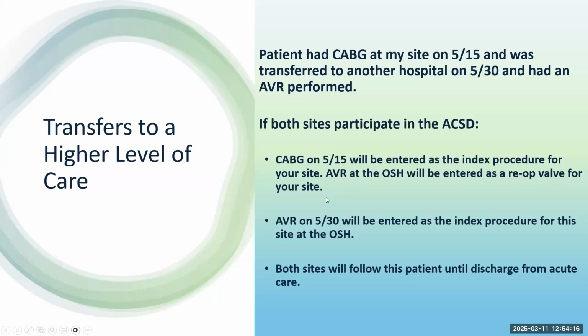It's a re-op valve at your site. Because remember, we only have one index procedure, one data collection form per episode of care. And this is technically one episode of care. This patient had the cabbage, got transferred to another hospital for more acute care time, and had a re-op there. It's one acute care episode. So you have a cabbage, and then your AVR is the re-op valve at your hospital.